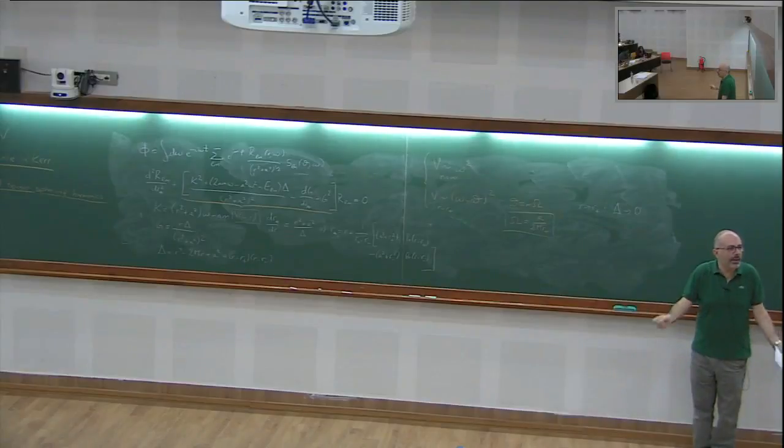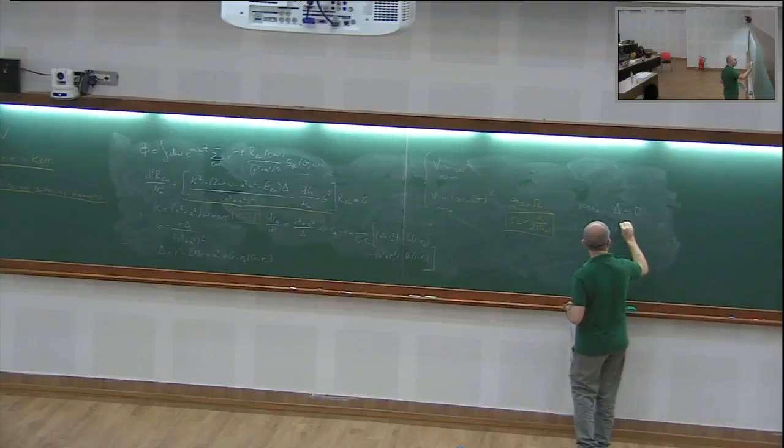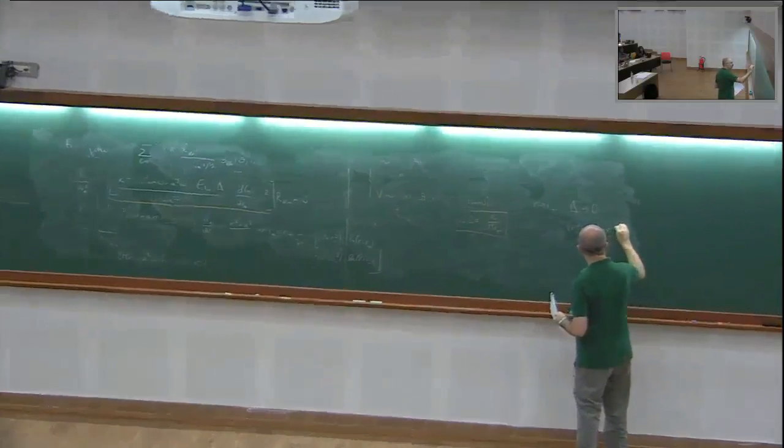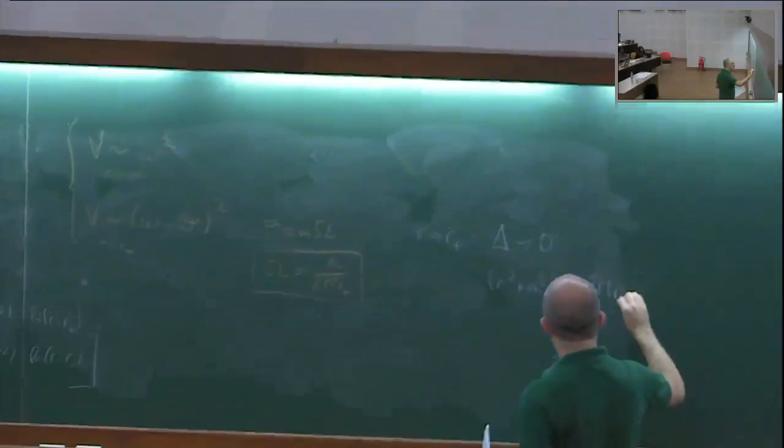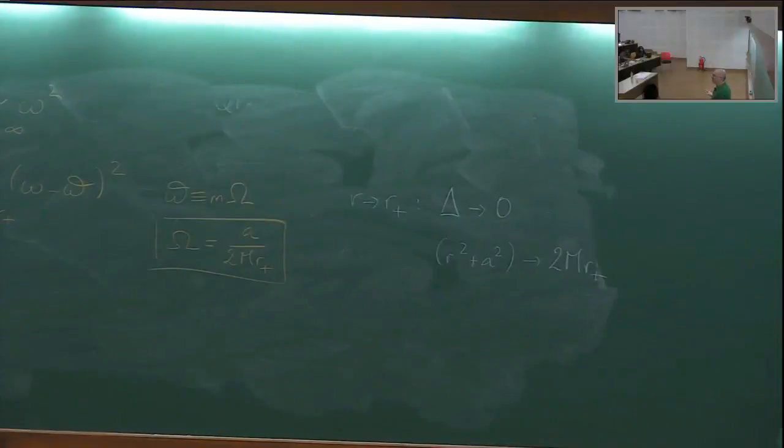Because delta is r minus r plus times r minus r minus. And the crucial observation is that r squared plus a squared goes to 2m r plus. Because if you look at the expression for delta, when r goes to r plus, you have delta equals 0, and r plus squared plus a squared is 2m r plus. Okay?